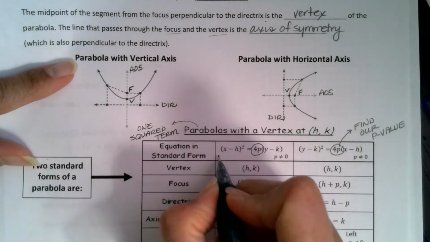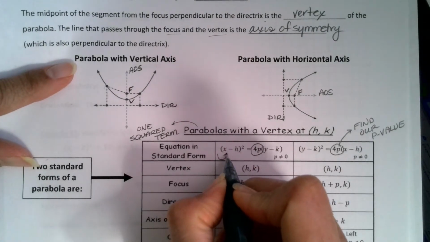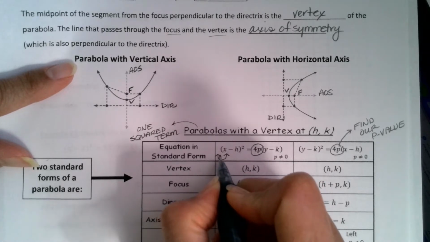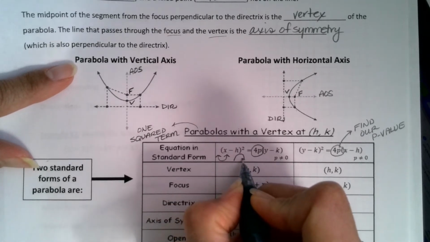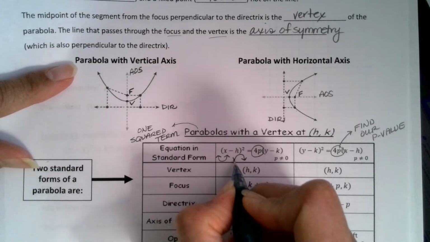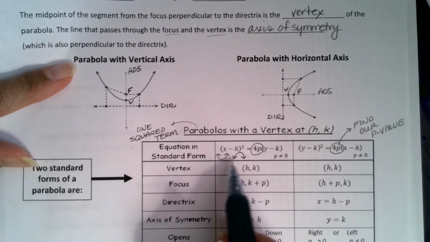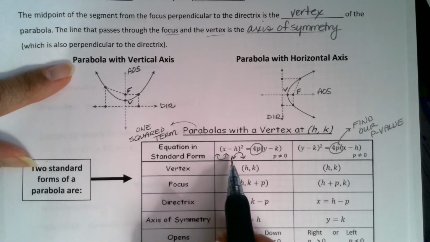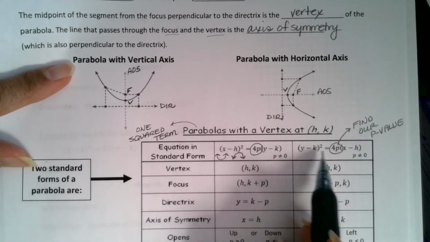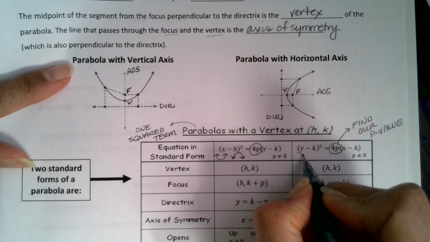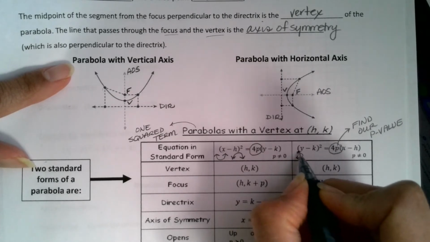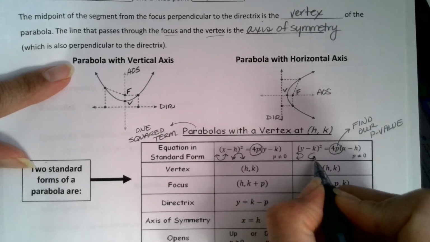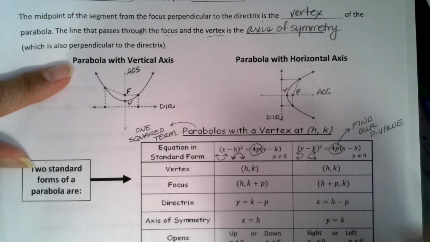So if you're more of a visual learner, go back to the front of your page and put upwards and downward images of parabolas, because it will help you remember that if I have an x squared term, it's going to be concave up or concave down. A y squared term tells us that our parabola would be horizontally facing to the left or to the right.